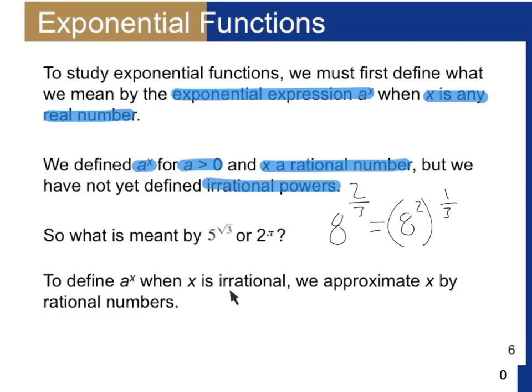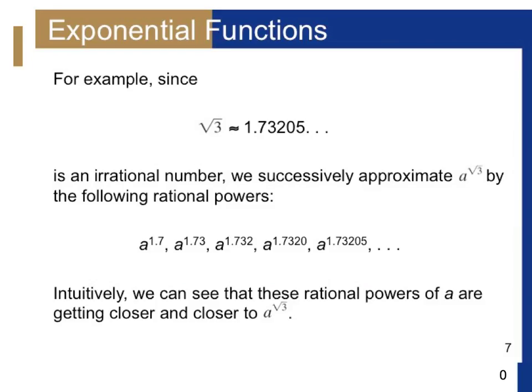Once we get into this territory, when x is irrational, we approximate x by rational numbers. For example, the square root of 3 is approximately 1.73205, and as we go out more decimal places with our exponent, we get closer and closer to a to the square root of 3.